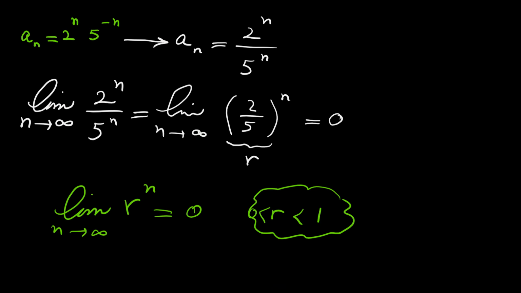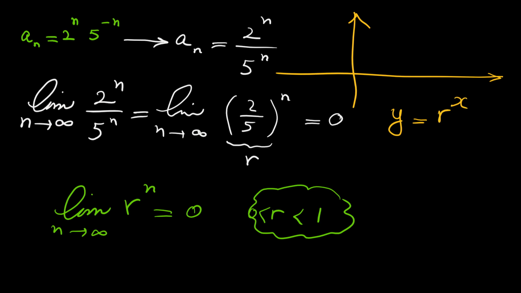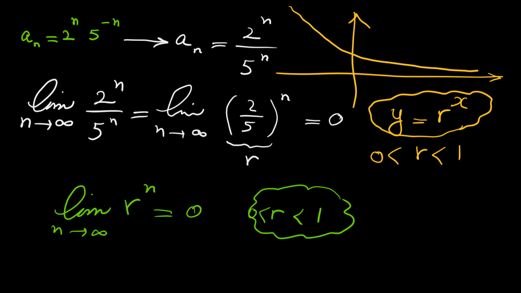The other reason is to look at the graph of y equals r to the x, where r is less than 1 and bigger than 0. The graph of this exponential function is something like this. And as you can see, when we go far to the right, when x goes to infinity, attention, this is the x-axis, the graph of this function approaches the x-axis.